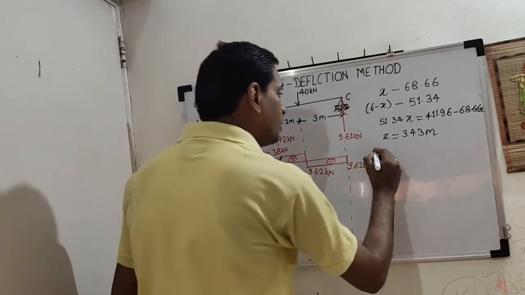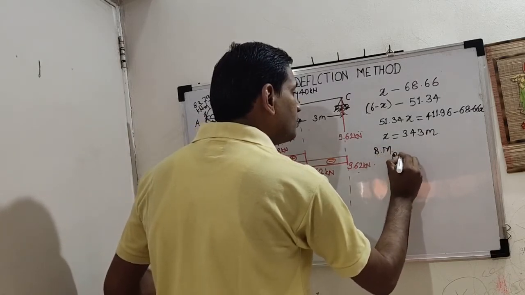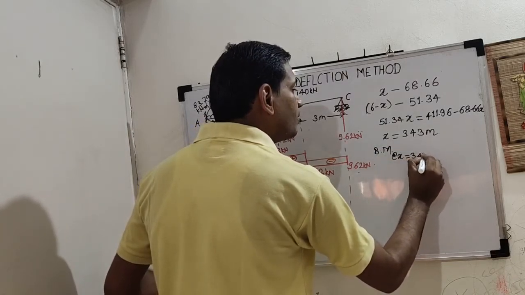So let us write first of all the equation for bending moment at x is equal to 3.43 meter.